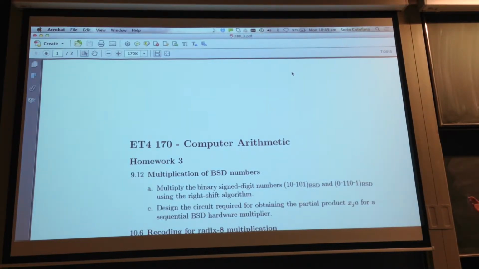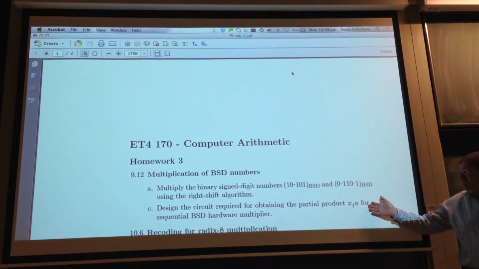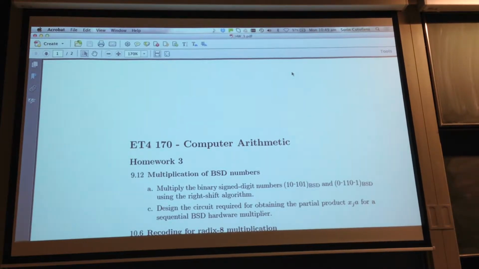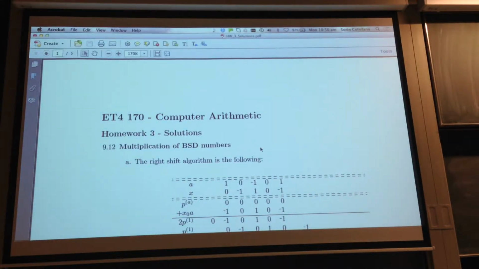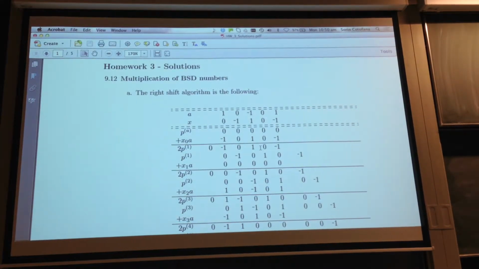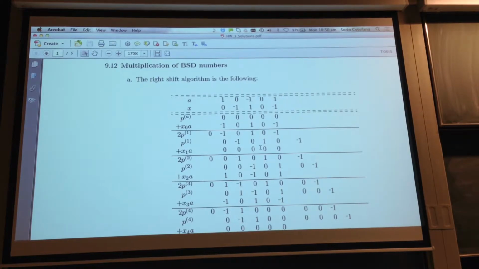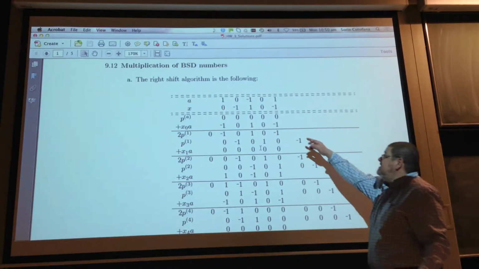In here, because we deal with sign digits, things are getting a bit more complicated, and the second question was about how to do the generation of the products. Now, this is not such a big deal. Essentially we do exactly what we knew, but now instead of adding A, we may add A, 0, or minus A, depending on the value of the digit.